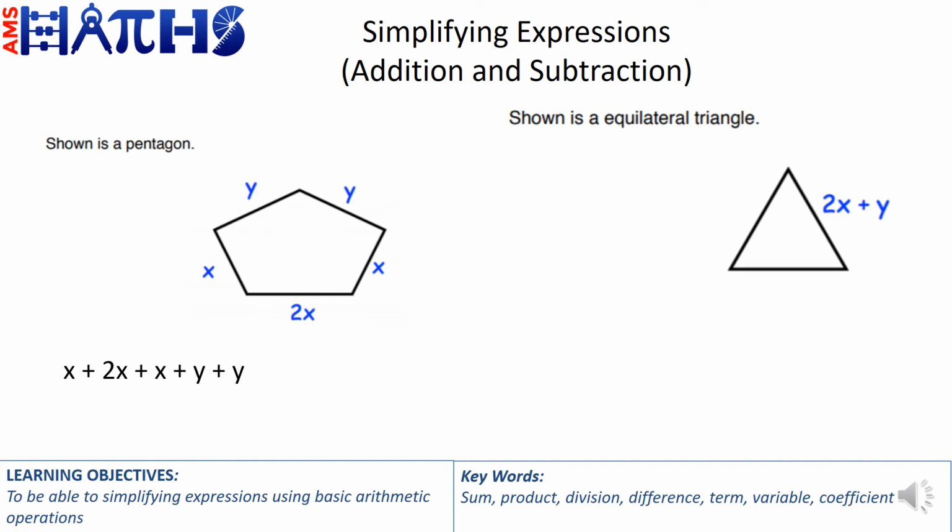So I have 1x, which is noted here, 2x, which I add to that, another x, which I add to that, and a y here, which is added, and also another y. Now, once I've written this out, I can now combine the like terms, and I have some x's, so we have 1x plus 2x gives us 3x, and then add one more x to get 4x.